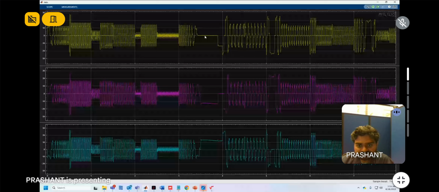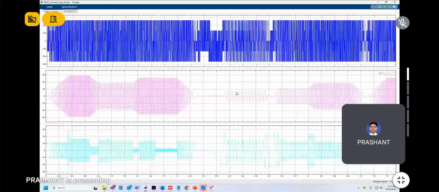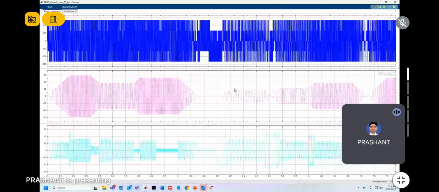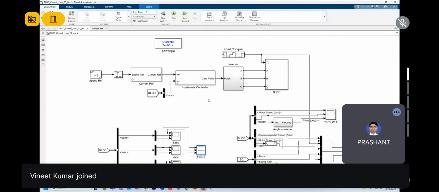So this is for the phase A system. This was the phase voltage on top, this was the stator phase back EMF for phase A, and this was the stator phase current for phase A. This is for theta and motor speed.